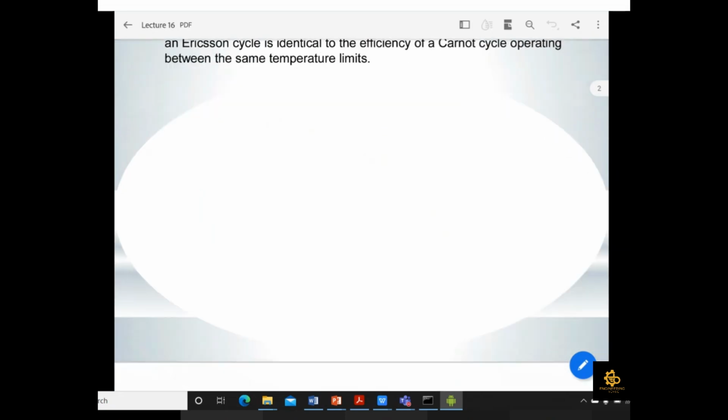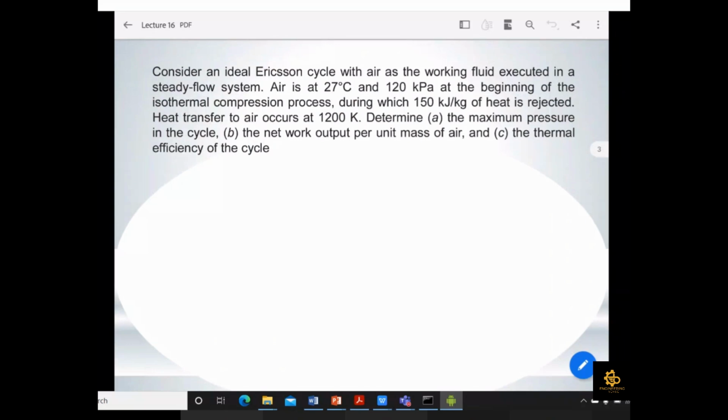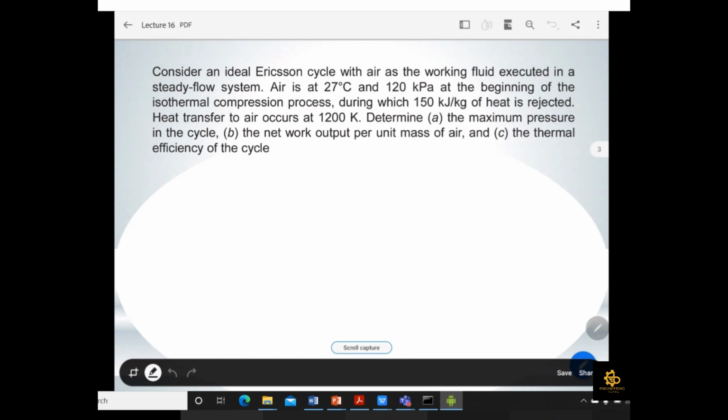Now coming towards another example problem, which is 9-65 from your book. First you have to read the statement. Consider an ideal Ericsson cycle with air as the working fluid executed in a steady flow system. Air is at 27 degrees Celsius and 120 kilopascal at the beginning of the isothermal compression process.